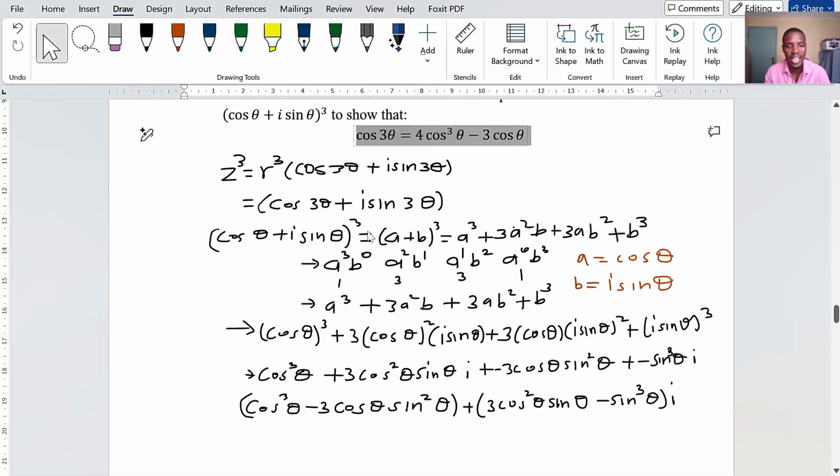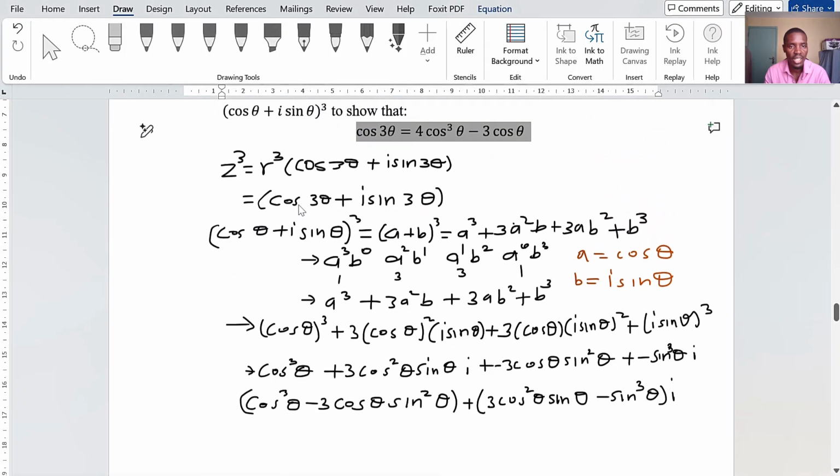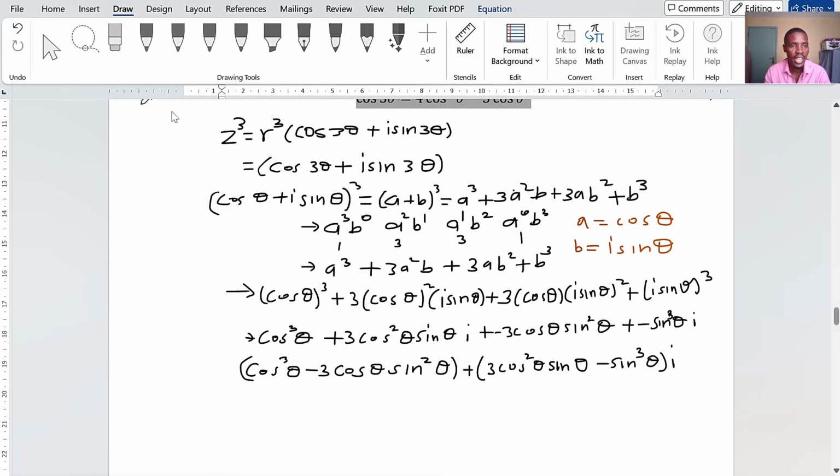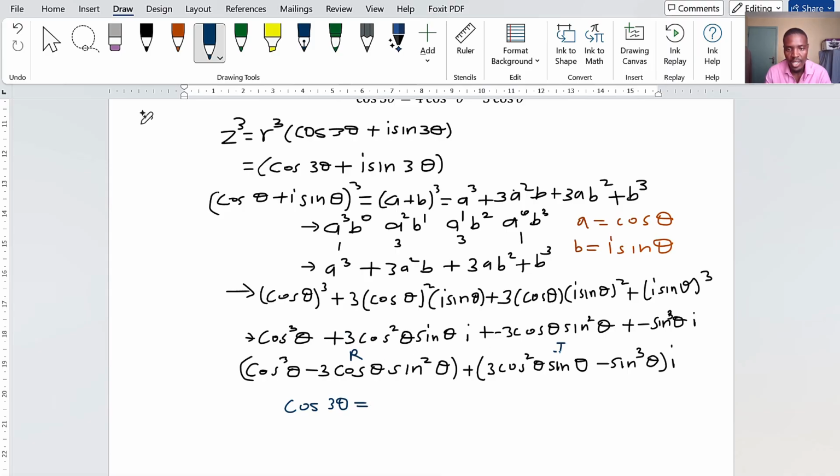So cos 3 theta must be equal to our real part. This is our real part, and this is our imaginary part.